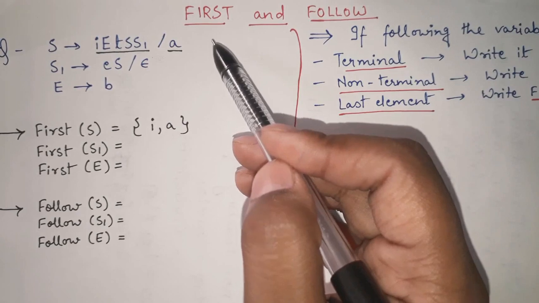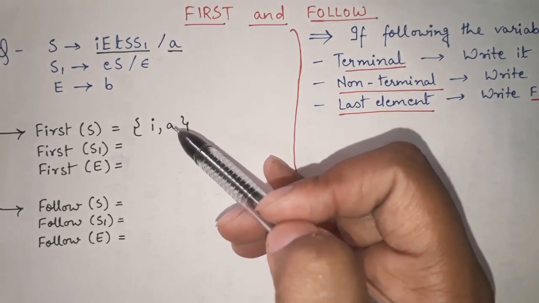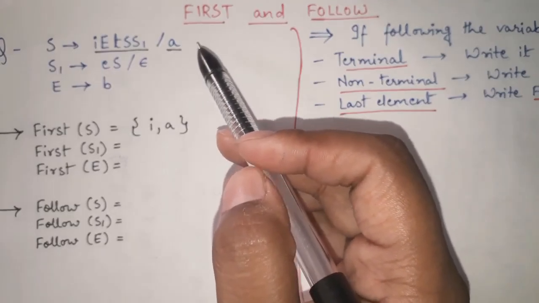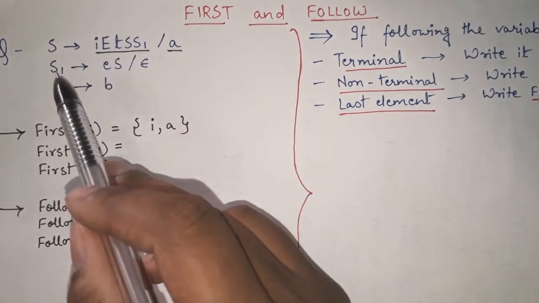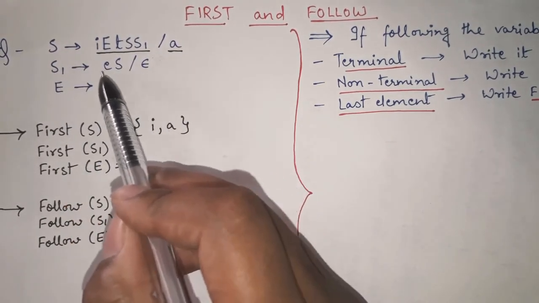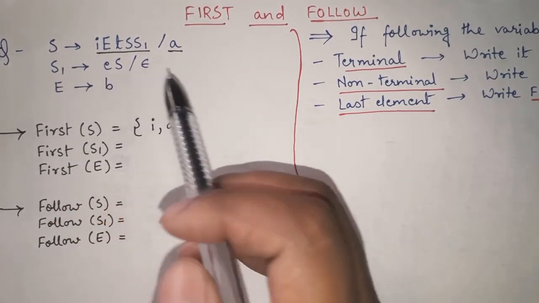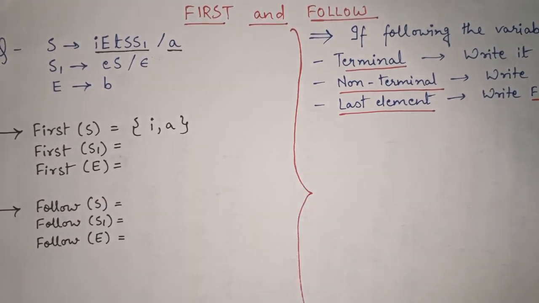If I was having S1, then what is S1? It is a non-terminal. I cannot write S1 directly here. So what I would have done is, S1 is a variable, so the first of S will be S1. So I will go to S1 and again I will see the first of S1. So in this first of S, I will include the first of S1 also, that is e and null. So e and null would have been included here if S1 was there.